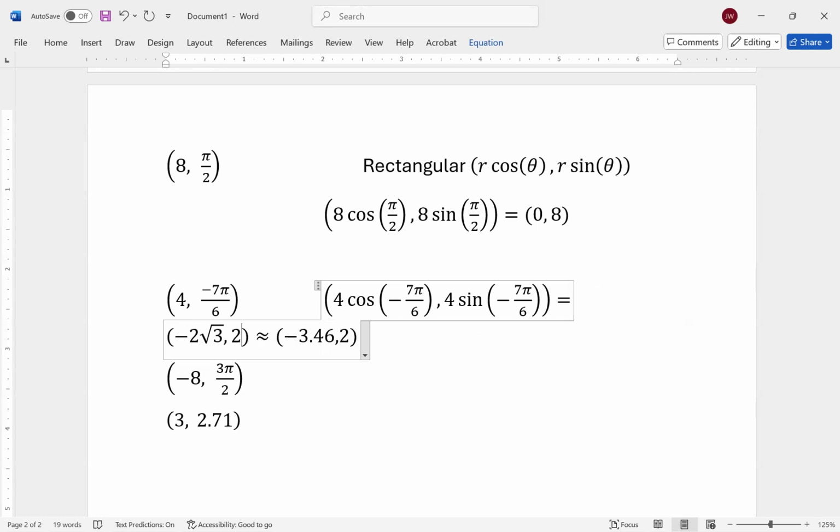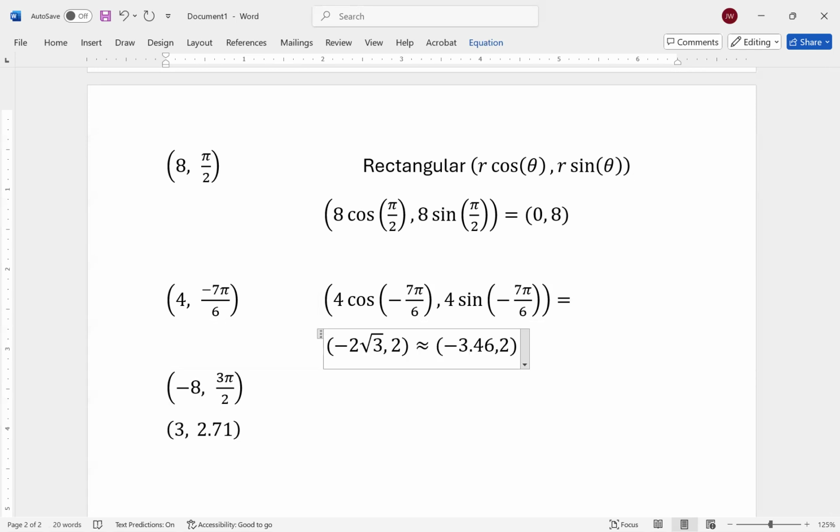So if you're looking for the exact answer, negative 2 times the square root of 3 is that. Again, you could find the exact answer using the unit circle. The fact that cosine of negative 7 pi over 6 is negative root 3 over 2, then multiply that by 4, you get negative 2 root 3. Usually I have people plug in a decimal approximation.